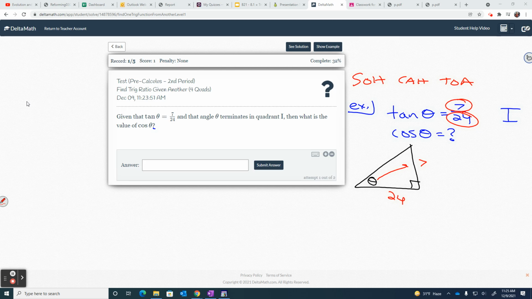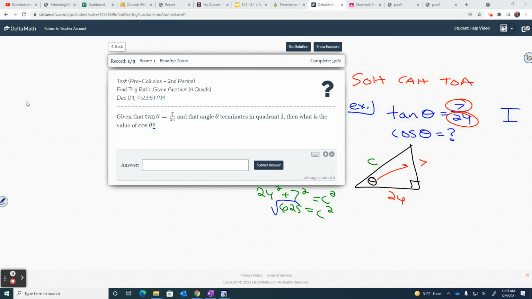So we're going to do the Pythagorean theorem like we did last night. 24 squared plus 7 squared equals c squared, because it's the hypotenuse. So the main difference is you're not given a triangle. You've got to come up with a triangle on your own. 24 squared plus 7 squared is 625. It's a little bit bigger numbers as well.